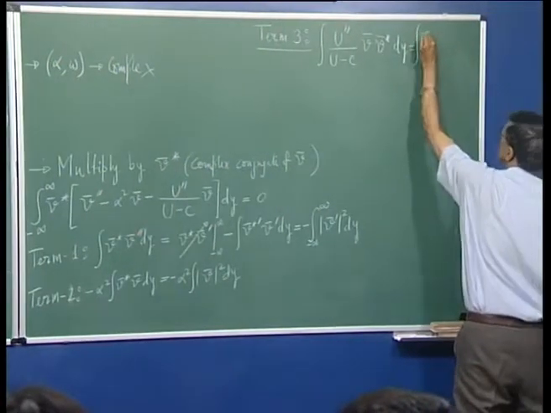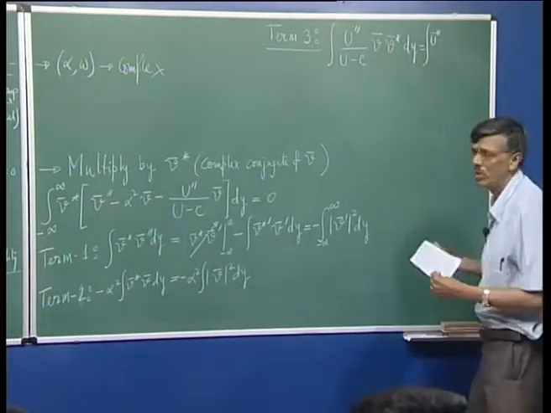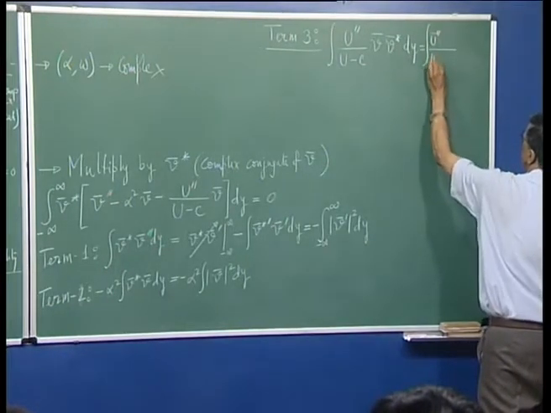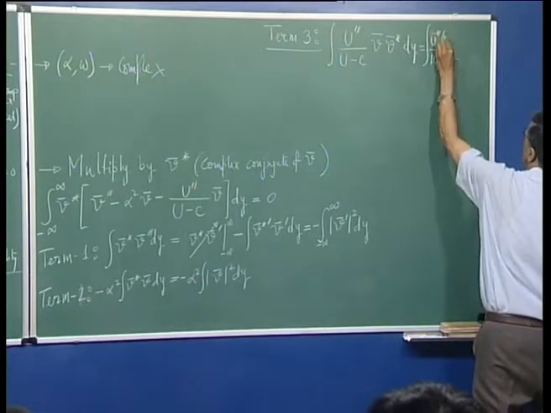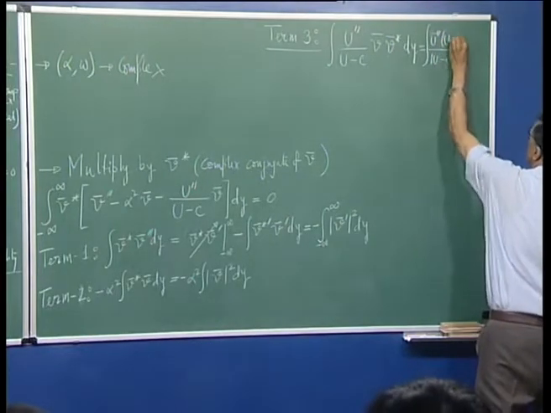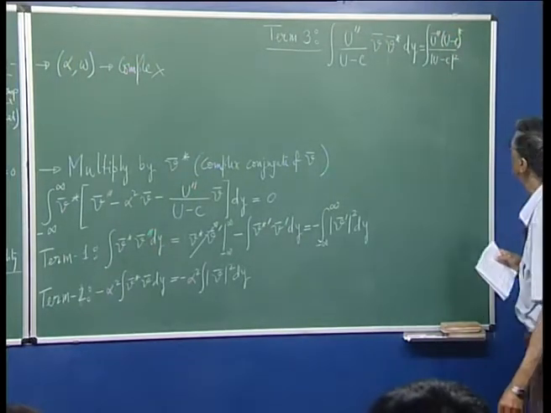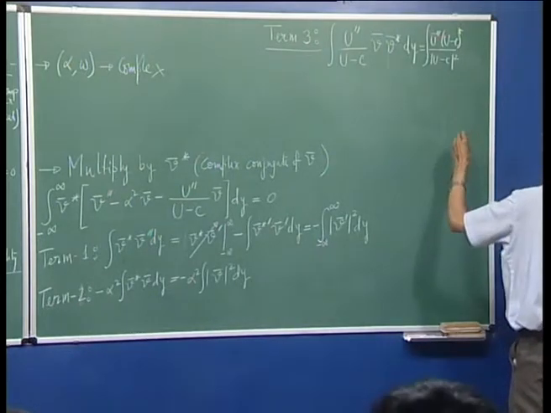Multiply the numerator and denominator by the conjugate of u minus c. So, downstairs what will we have? We will have u minus c whole square, because we have multiplied by the conjugate of u minus c. Okay. And what about this too?